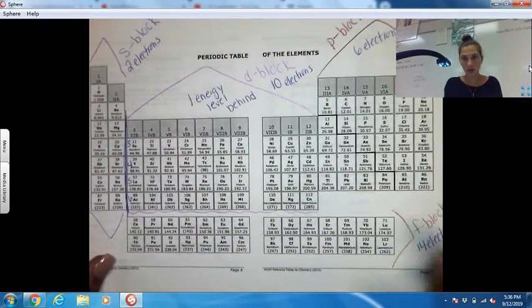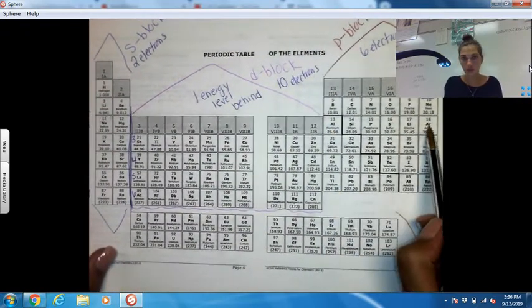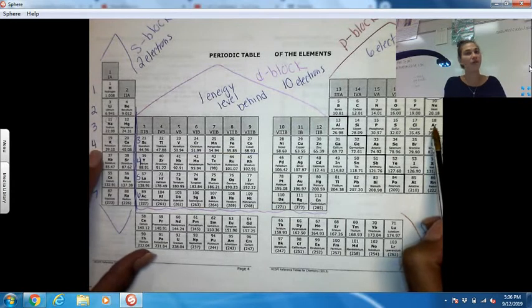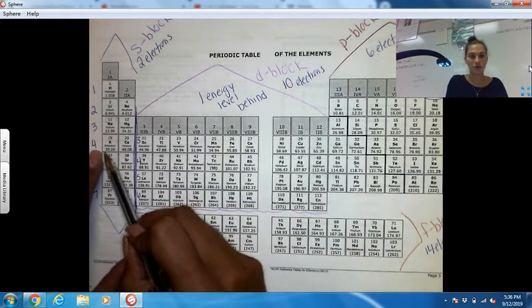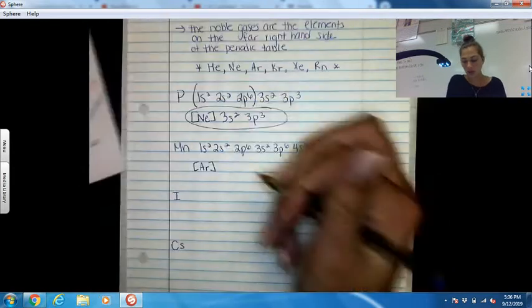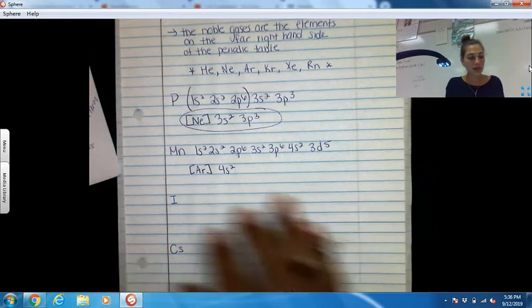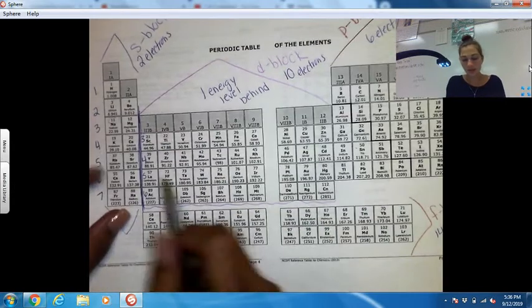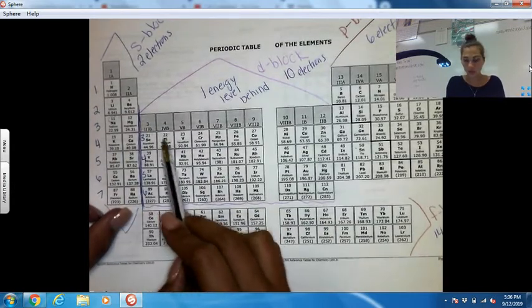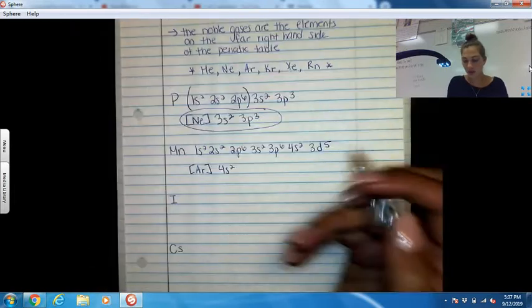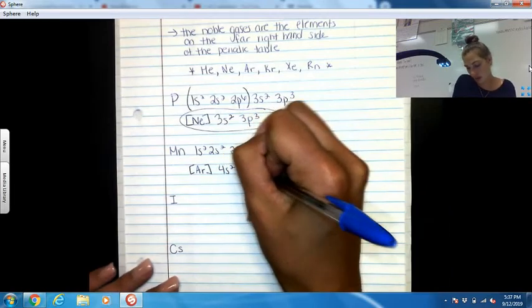So argon is at the end of the 3p sublevel. So now I'm at 4s if I were to continue my configuration. So I have 4s2, and then manganese, remember, is in our d sublevel, and it is 1, 2, 3, 4, 5 in. So we're at 3d5.